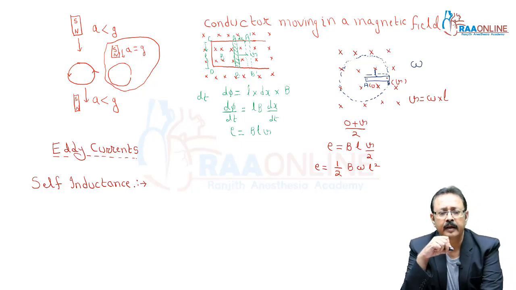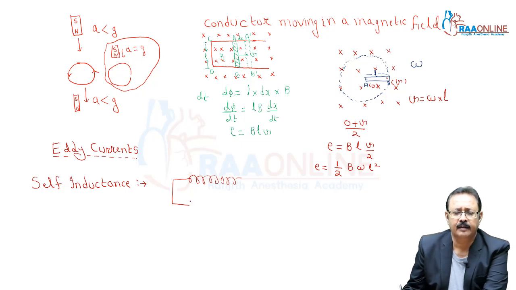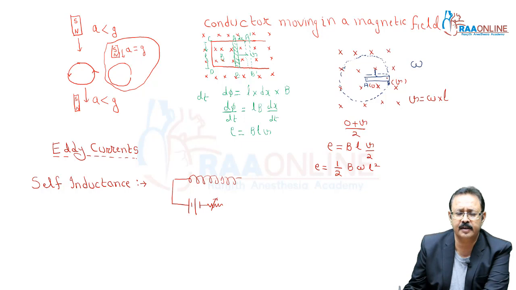See, we have a coil attached with an electric circuit. It is a rheostat, variable resistance. We can change the resistance. In this way we can change the current. If you switch on, current will start flowing through the coil.